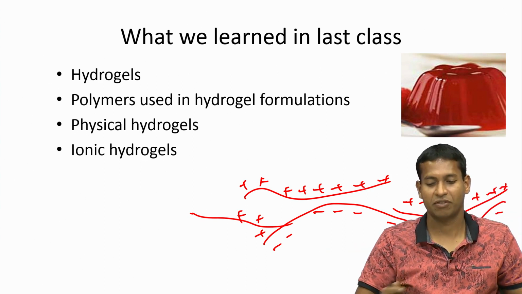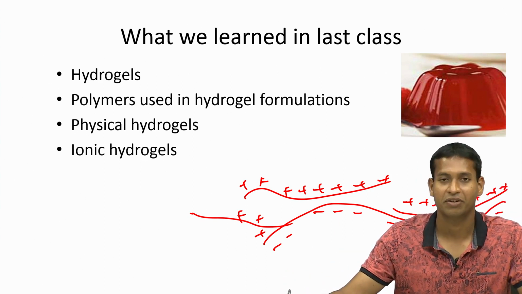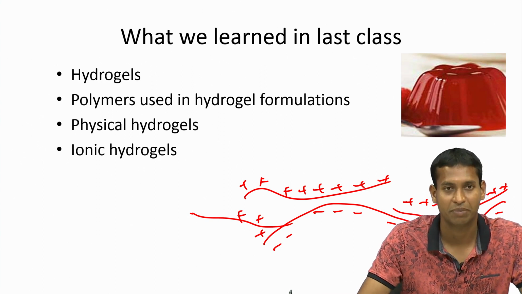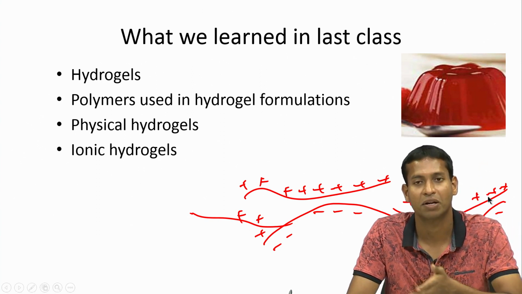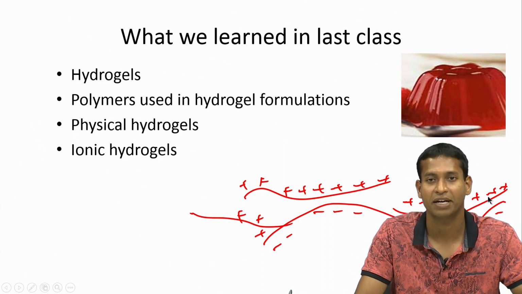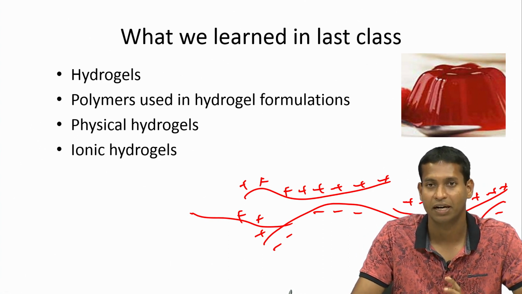So, essentially this kind of a big giant mesh is formed that results in a polymer gel being formed, which, if these are hydrophilic polymers, will also have a very high absorption of water, resulting in hydrogel formation.